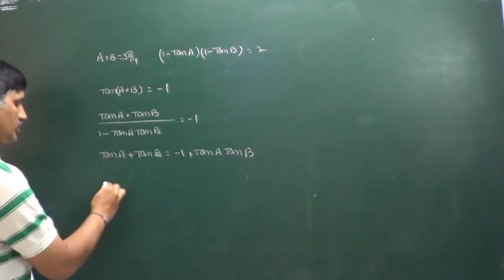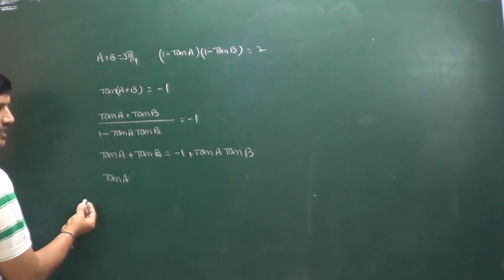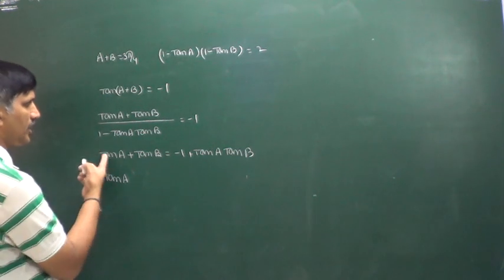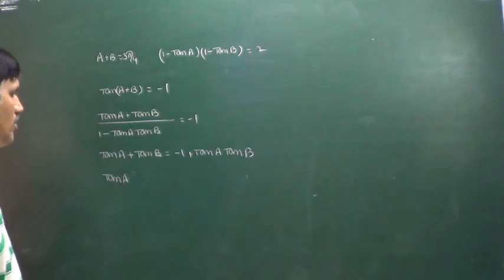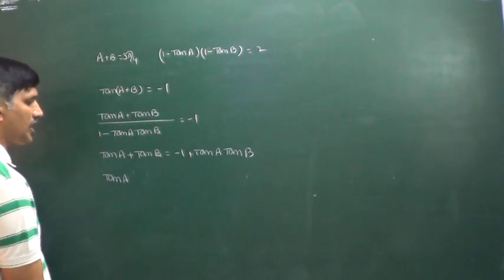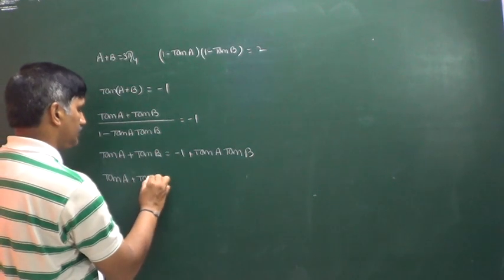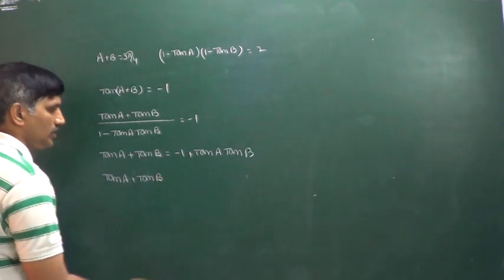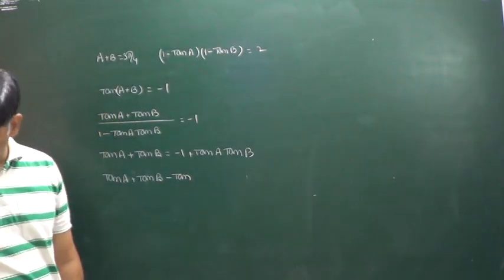So here we can write it as tan A plus tan B is equal to minus 1 plus tan A into tan B, we got. So, just a minute.